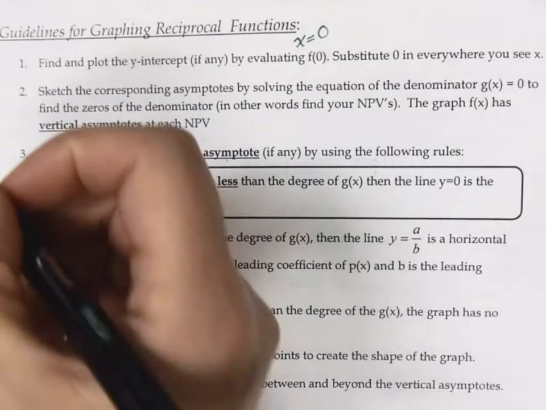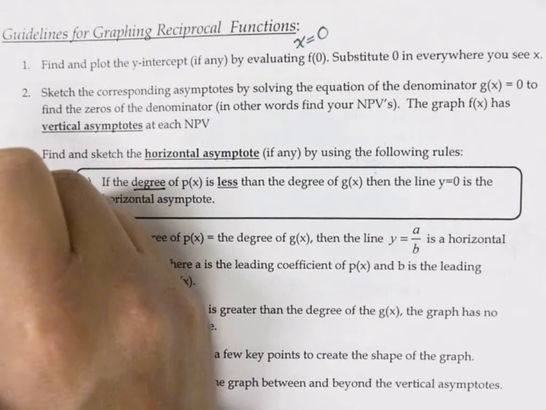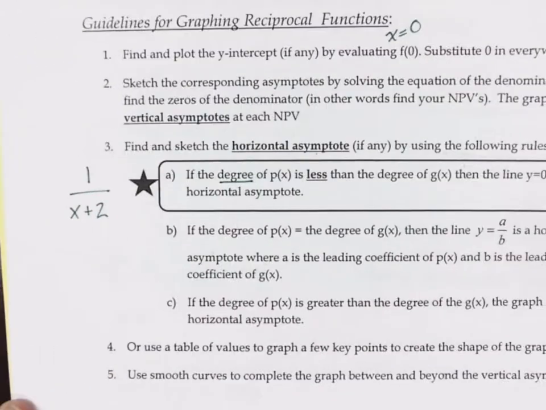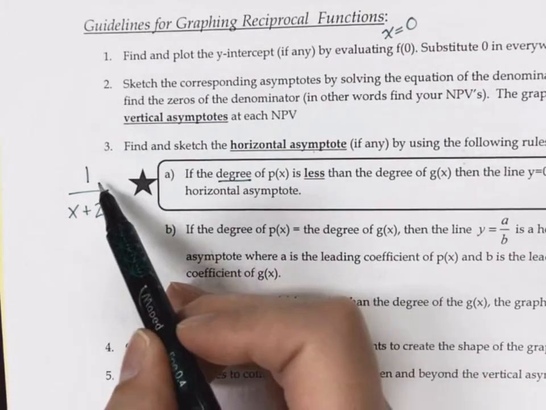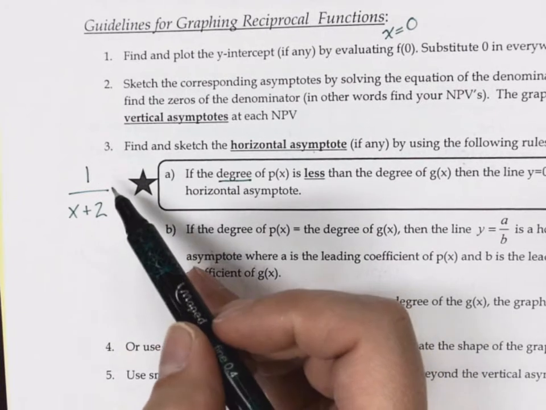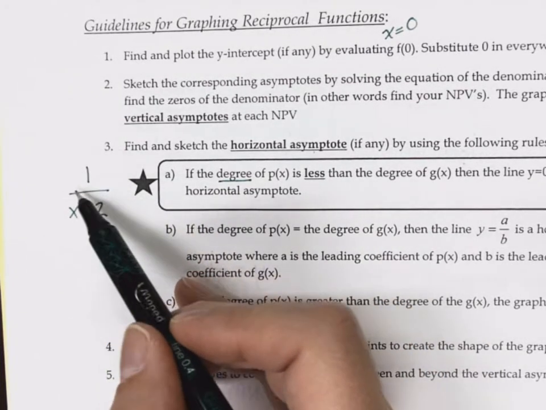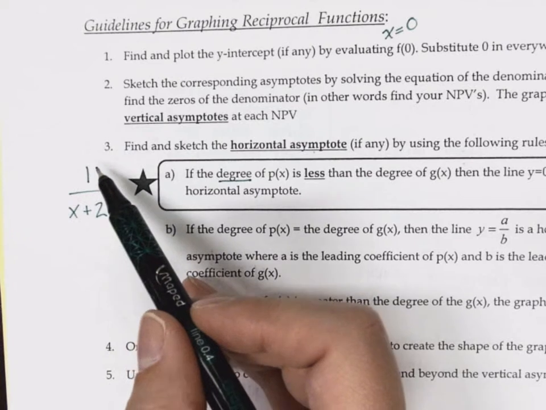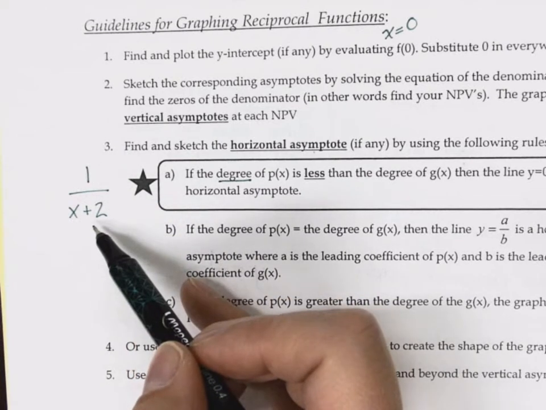So when we look at my equation, 1 over x plus 2, what's the degree of the x on the numerator? Do I have an x? What is it here? 0. What is it on the bottom?